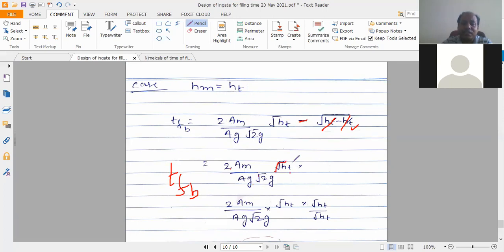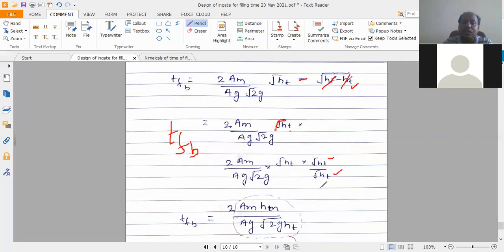Now what we do is multiply st on top and bottom. So this one is equal to ht, this one is equal to Ag into root under 2 times 2g ht.